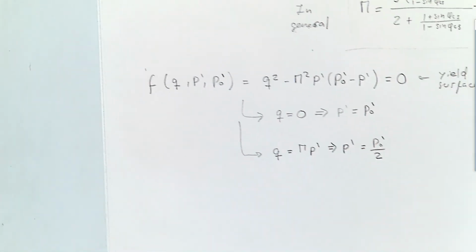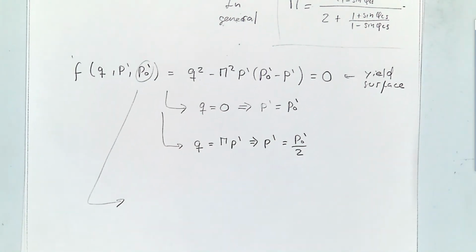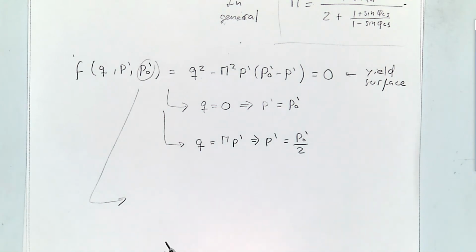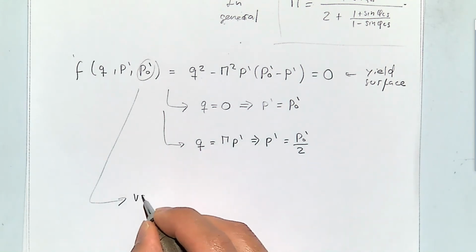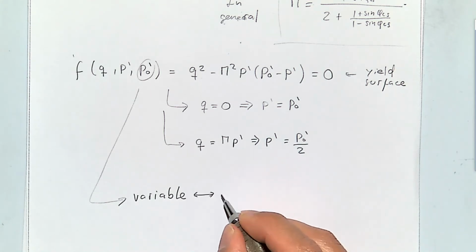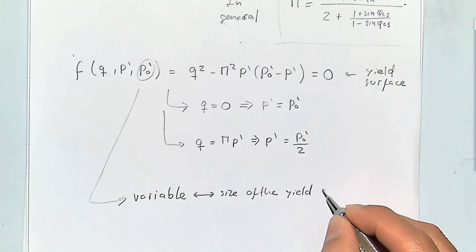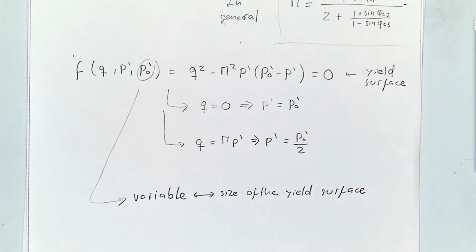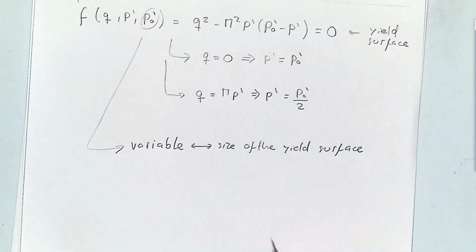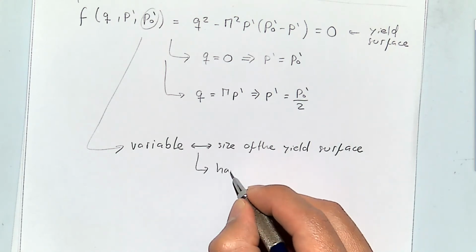As I was telling you before, P naught is a variable, and that's very important. It's what is going to define the size of the yield surface, and it's also going to be our hardening parameter.